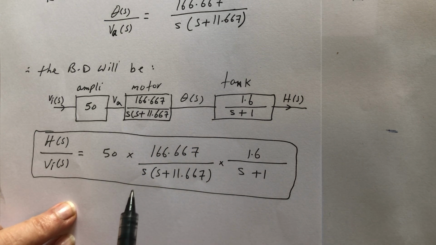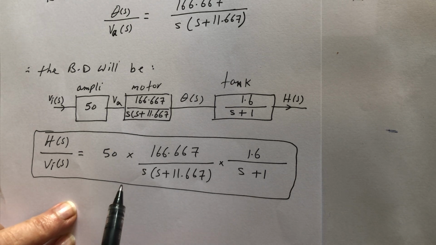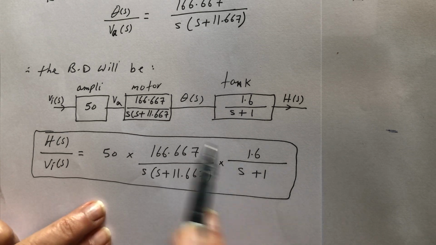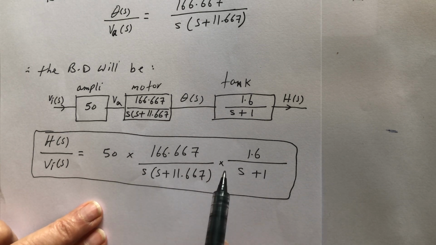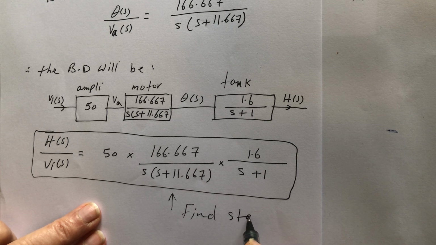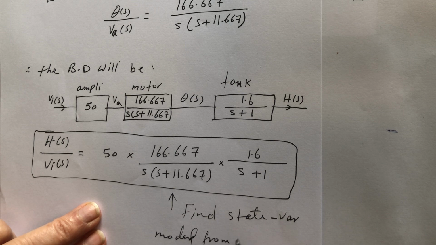Of course, I derived for you the state variable equation for the motor in a different way, but here if you have this transfer function, you can derive the state variable. Find the state variable model from this transfer function.